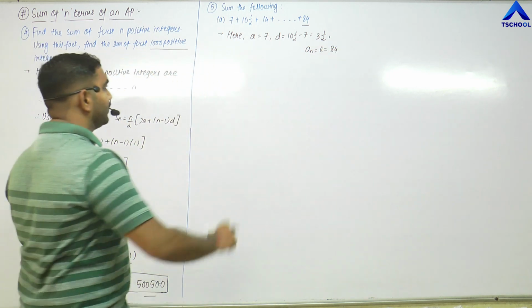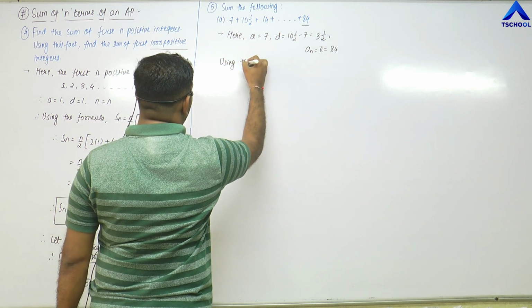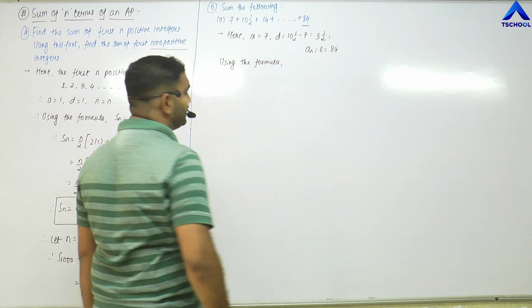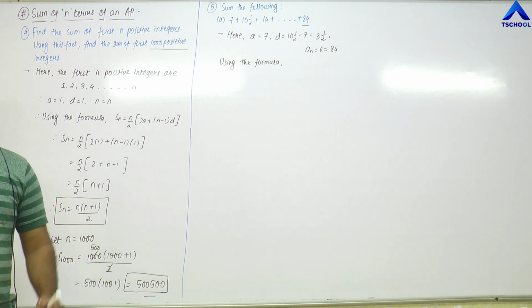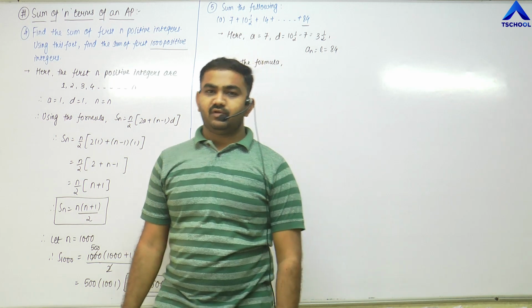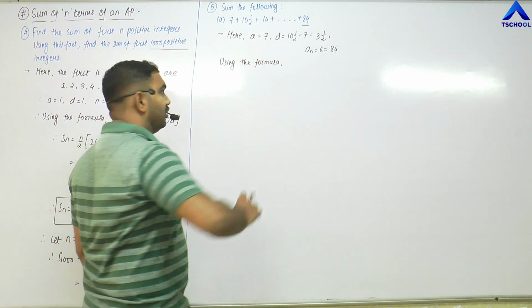Now using the formula, what formula shall we use here? We shall use the second formula that we got, because here l is directly available, so why should we go for n by 2 into 2a plus n minus 1 into d? That becomes a long simplification.